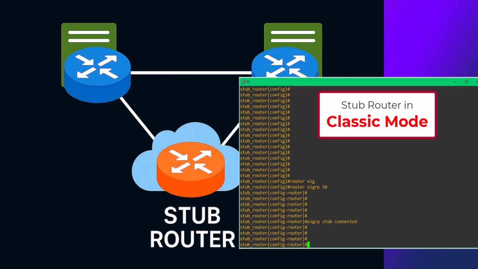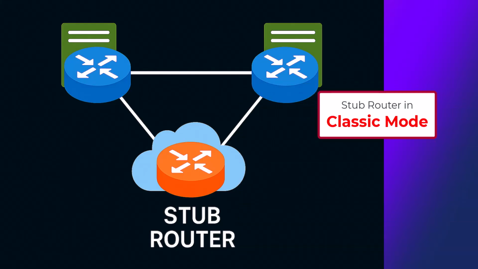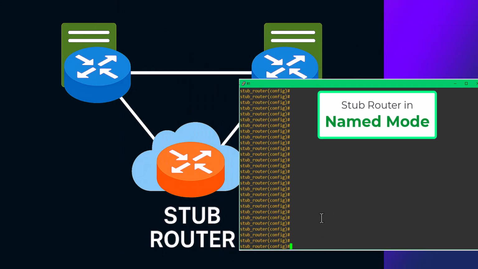Alright, now let's go in for triggering stub router in named mode. We just do the same as we did in classic mode. So we get into EIGRP configuration named mode, let's say CCNP, for example, for the name.